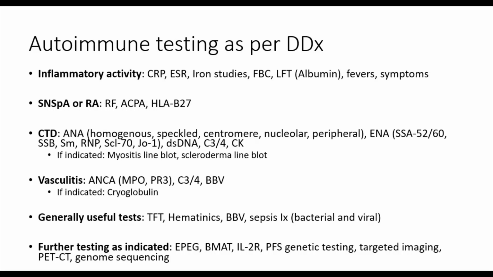If there's a markedly elevated ferritin, cytopenias, and the diagnosis of hemophagocytic lymphohistiocytosis is suggested, then an IL-2 receptor alpha level can be done, where an elevated level would support the diagnosis of HLH. If a periodic fever syndrome is suspected, then genetic testing for the specific diseases can be done.